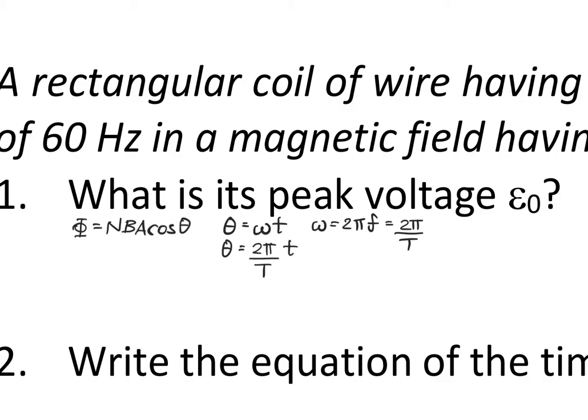And so we wind up with 2 pi over the period times the time. Now, the period's the time for one cycle. So really this t, the lowercase t on the side, is specifically the period. And if we're talking one cycle is also 2 pi.